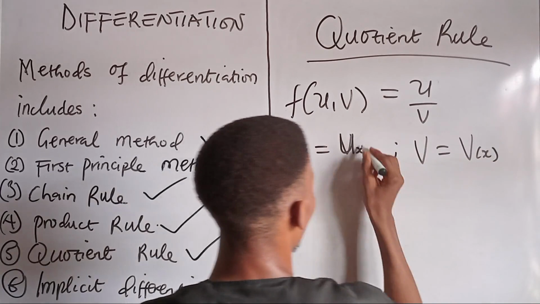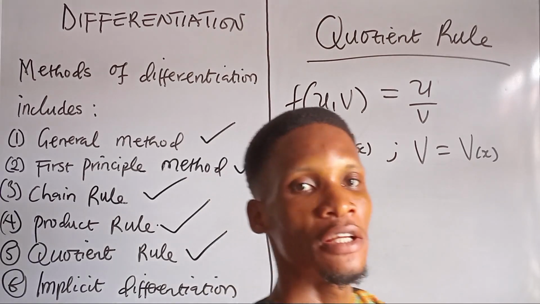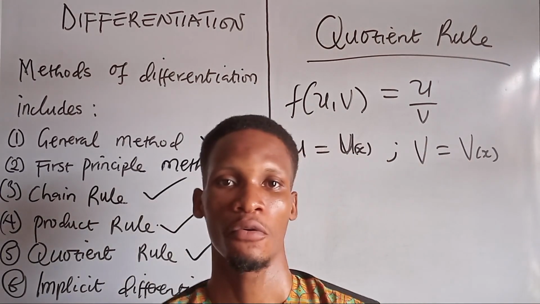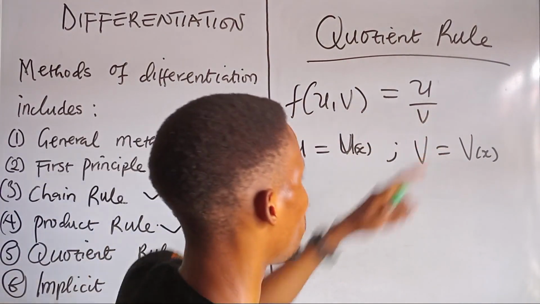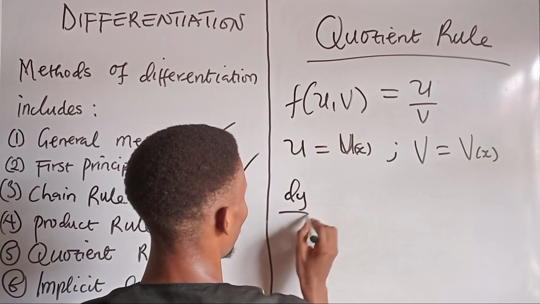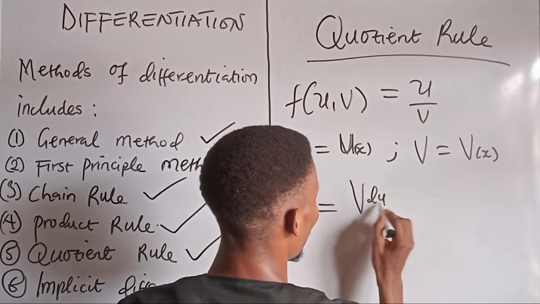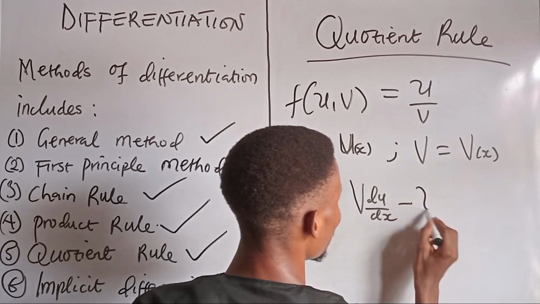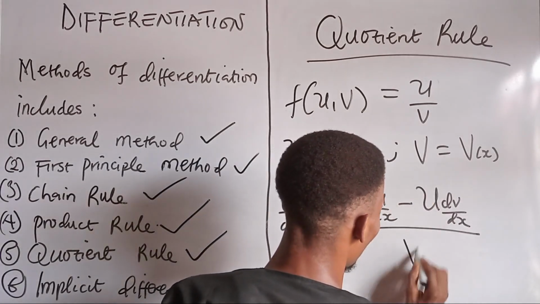x. Okay? So now we can find dy over dx of this u over v: dy over dx equals v du over dx minus u dv over dx, all over v squared.